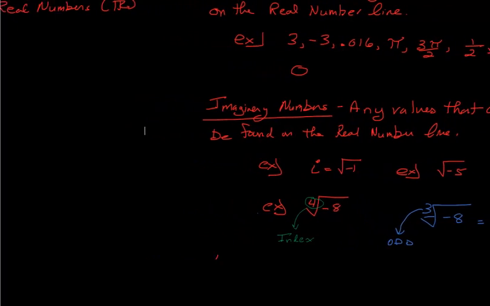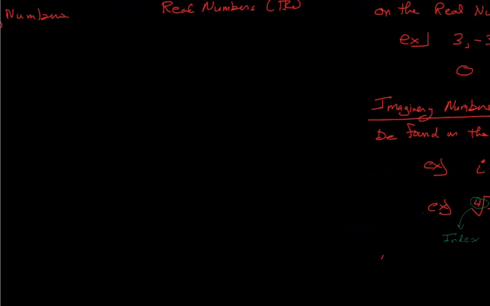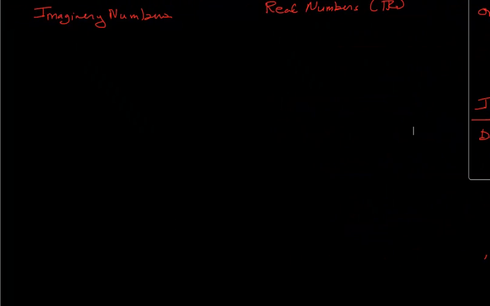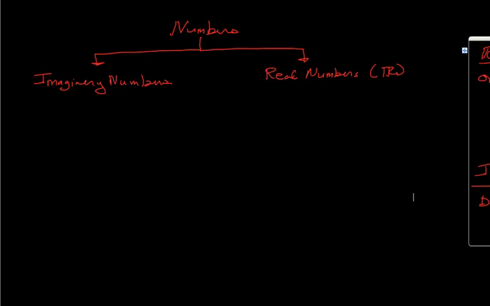Now let us go back to our process flow diagram. If a number is qualified as imaginary, I put a little asterisk here representing that it will no longer be subqualified. There are no other qualifications. Once a number is imaginary, it's considered imaginary.